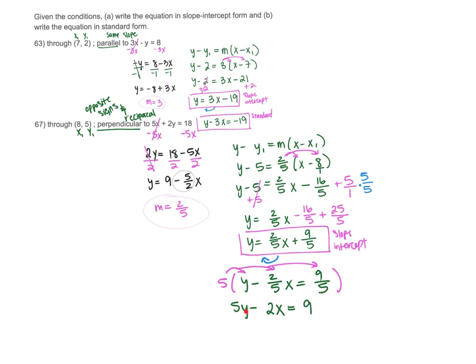So now you can see everything is a whole number. And so this is it. This is our final answer, and it's in standard form because the x's and y's are both on the same side. And so we are done. I hope this video was helpful.